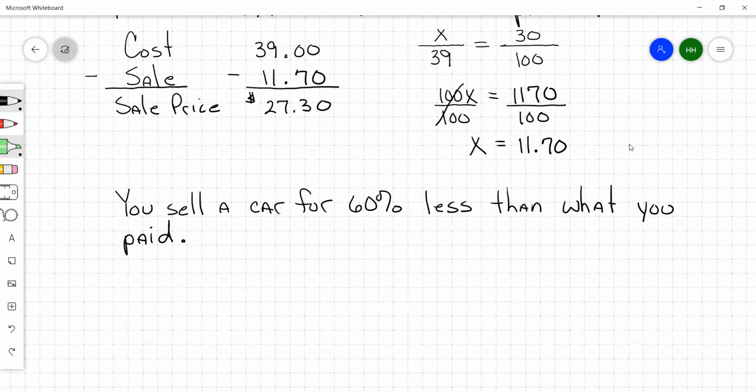Hopefully you'll never do that. The car cost $9 grand. What was the selling price?